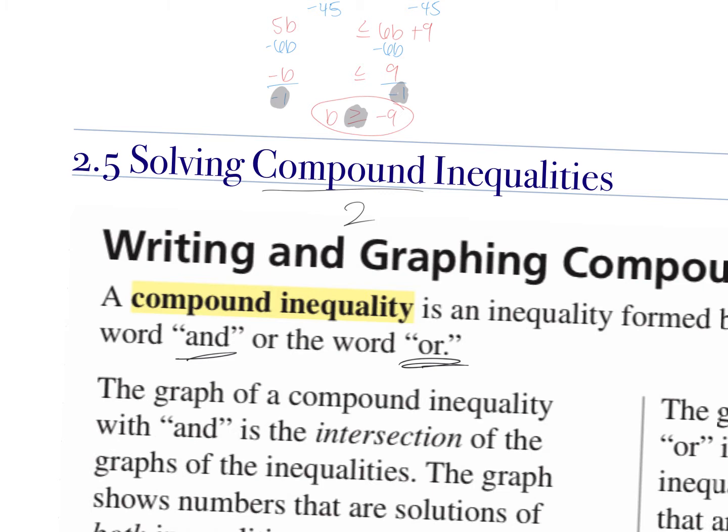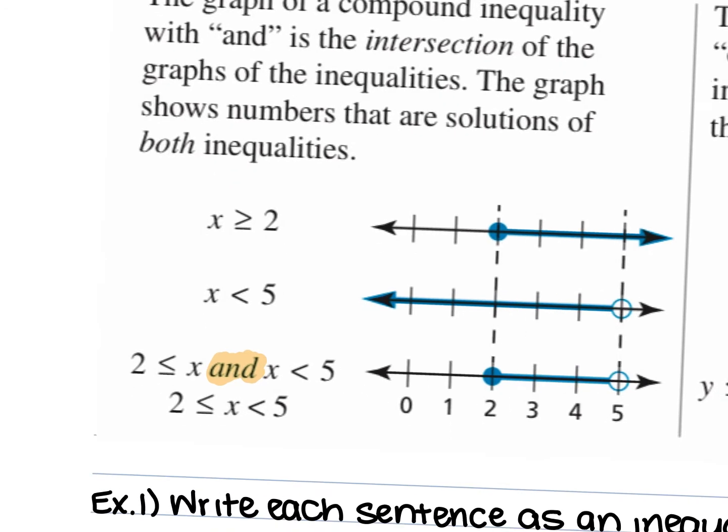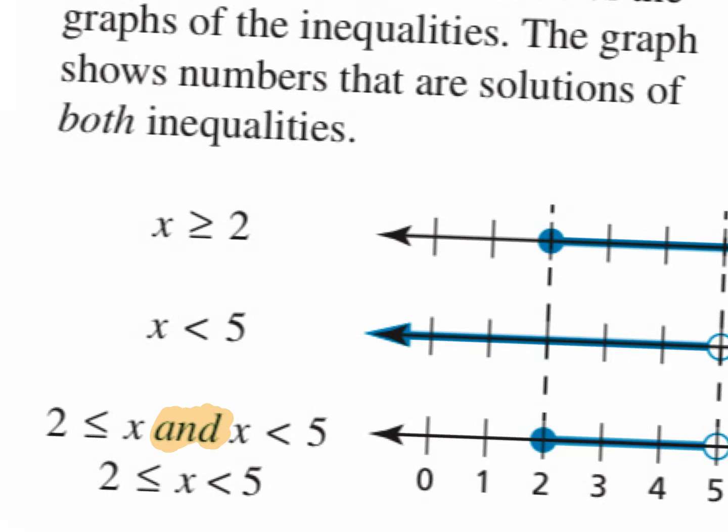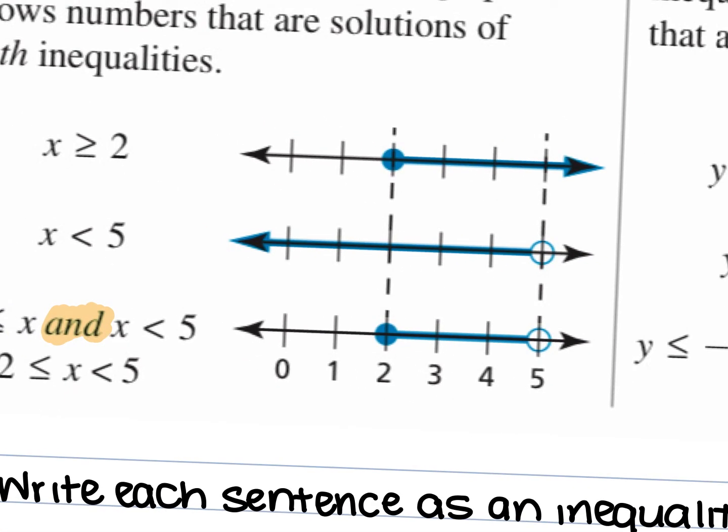Let's take a look at what happens when it's and, okay? So our 2 inequalities are x is greater than or equal to 2, and x is less than 5. And when they're and, that means that they overlap. Do you guys agree that shading to the right of 2 and shading to the left of 5, those regions are going to overlap?